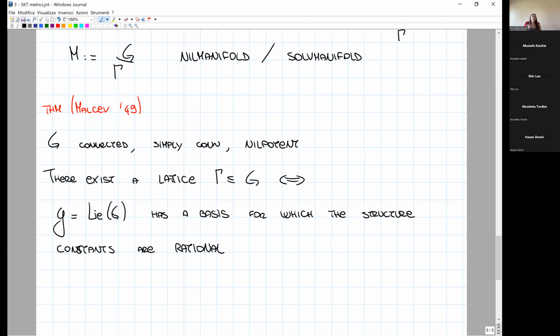So in the nilpotent case, we really have an equivalence. We are able to understand, looking at our Lie group, whether we have a lattice or not. We have to look at the structure equations.